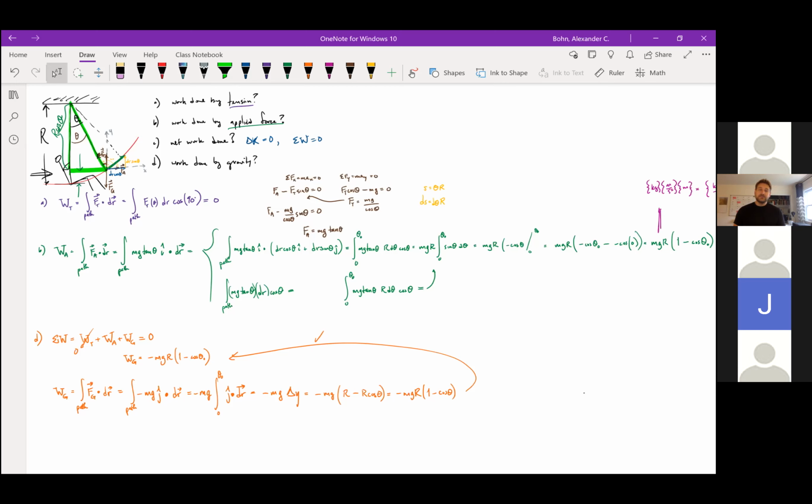Hopefully, it felt like a lot at first, looking at the dot product inside the integrand, and then what the hell is a path integral? Rewrite in terms of a single scalar variable, and then we can integrate like usual. Hopefully, this feels more straightforward now.